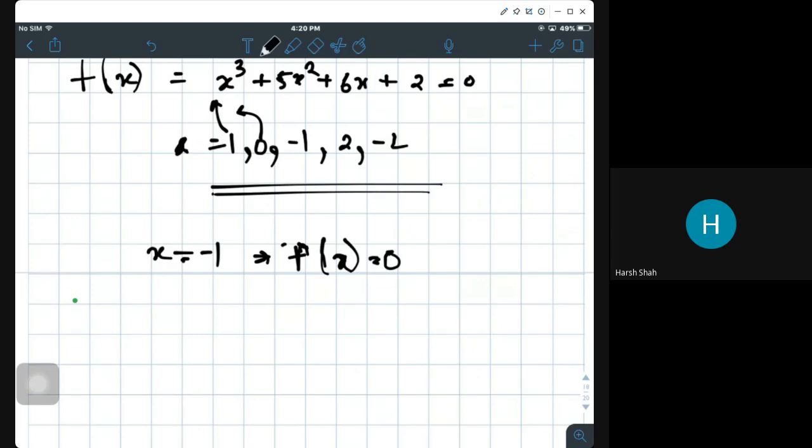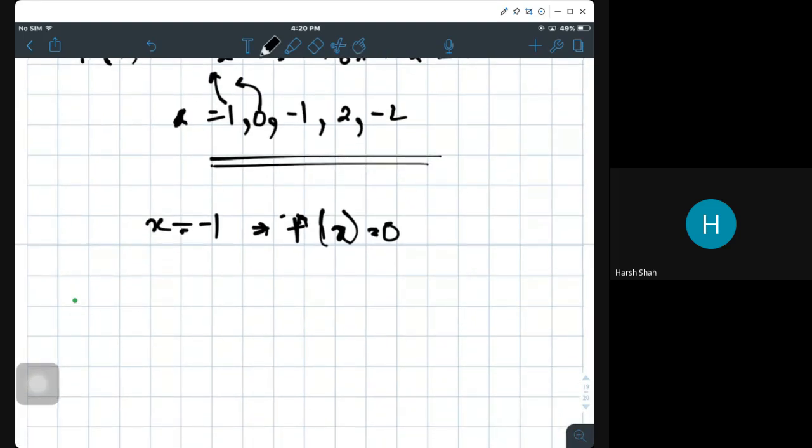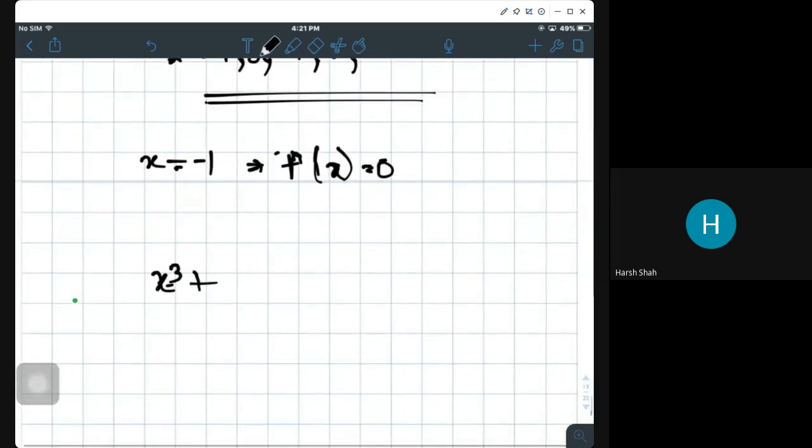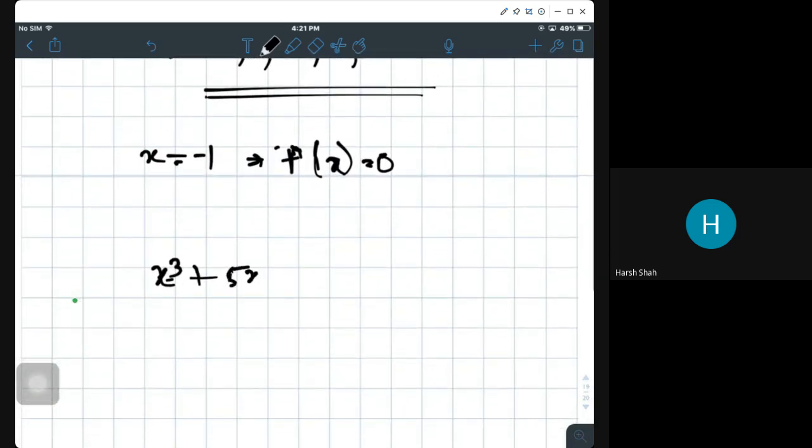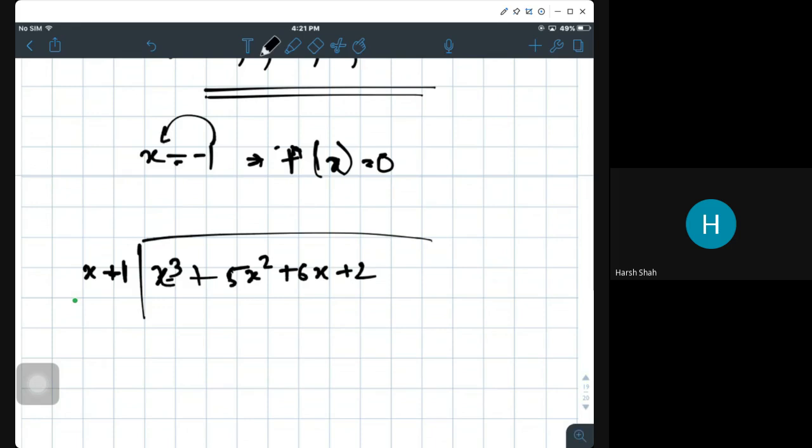Now what I do is I divide this whole x cubed plus 5x squared plus 6x plus 2 by x plus 1. Minus 1 is my root, it will go this side and it will change the sign.